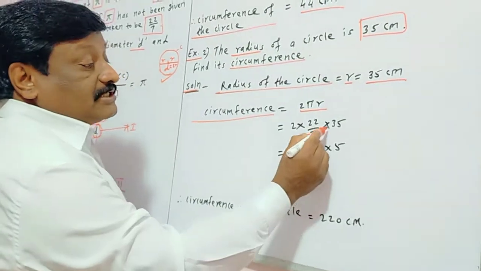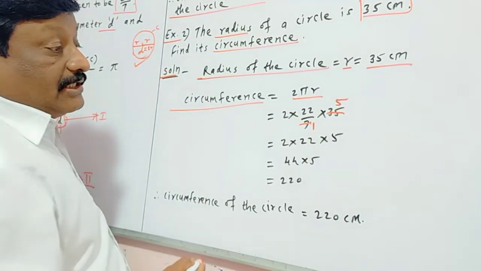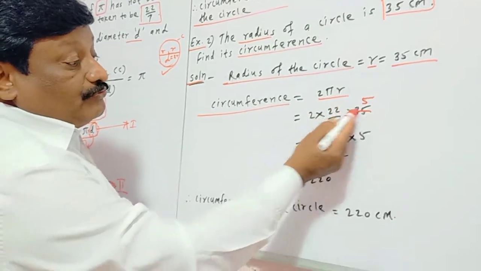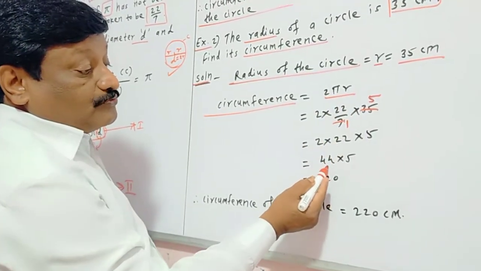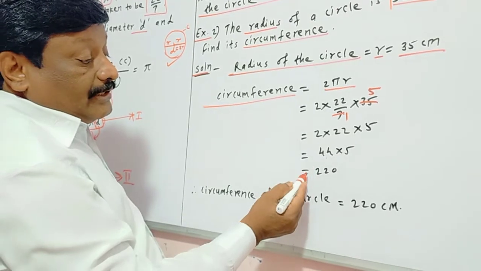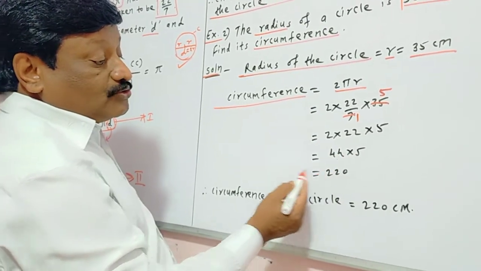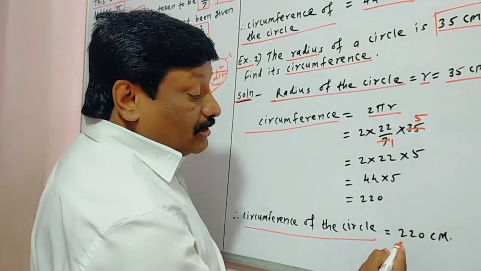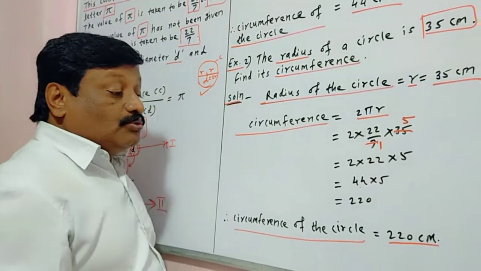Simplified, 7 ones are 7, 7 fives are 35. Now next step, 2 into 22 into 5. Now 2 into 22 is 44 into 5, and then 44 into 5, it is 220. Therefore, circumference of the circle is equal to 220 centimeter.